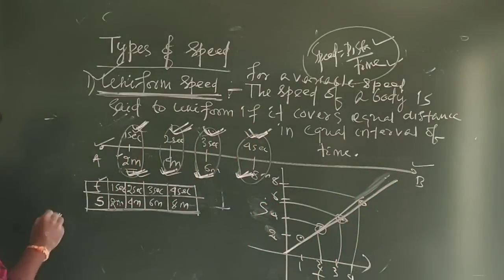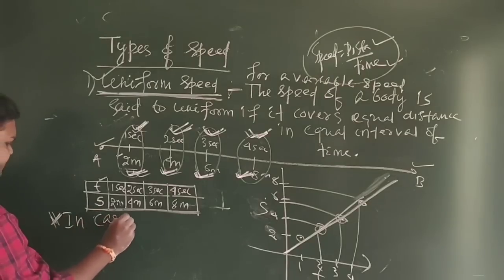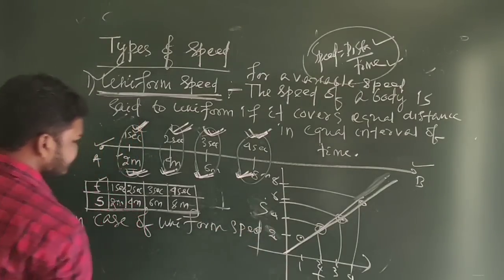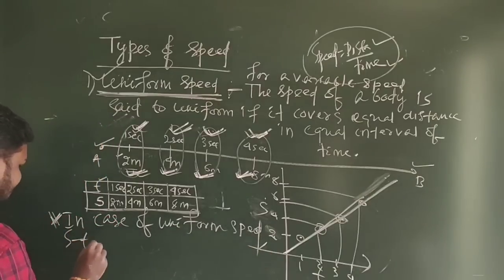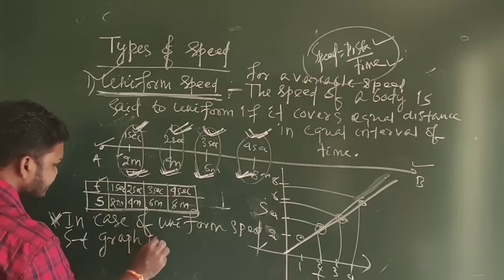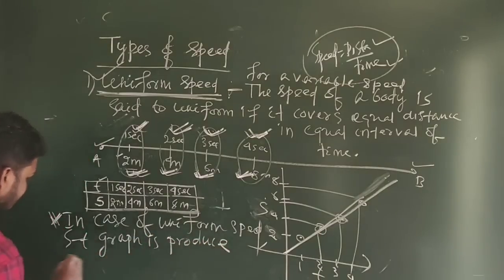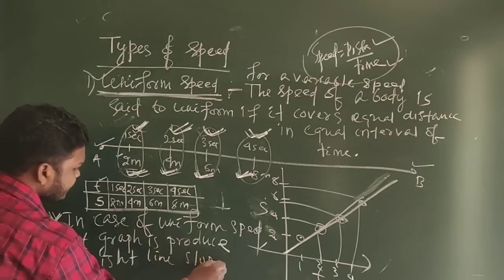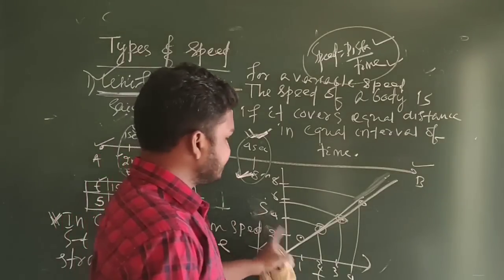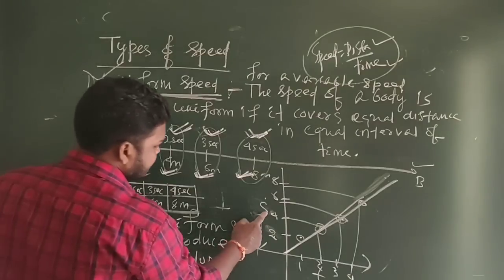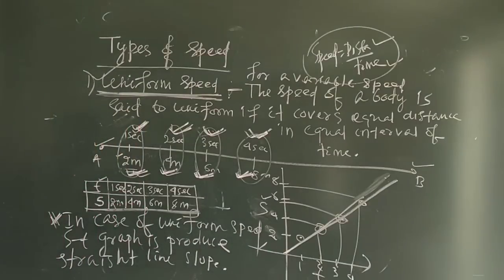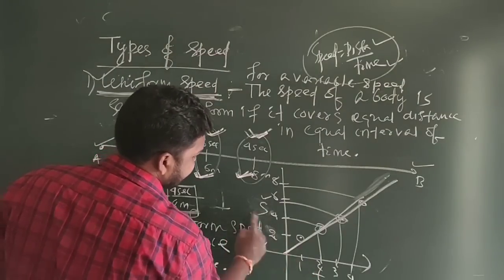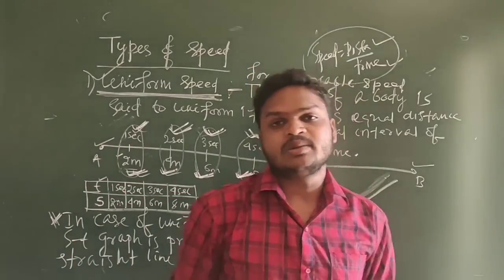So note down that in case of uniform speed, the distance time graph produces a straight line slope. With respect to time, how much distance is covered by the body, that is called speed. And in case of uniform speed, if we plot a graph between distance and time, the graph always produces a straight line slope.